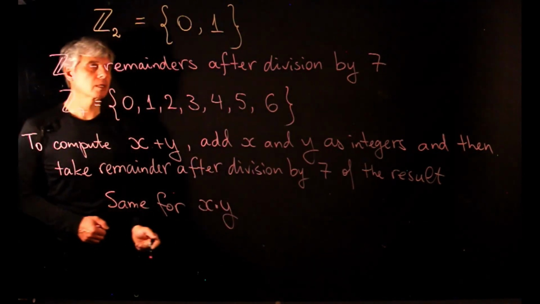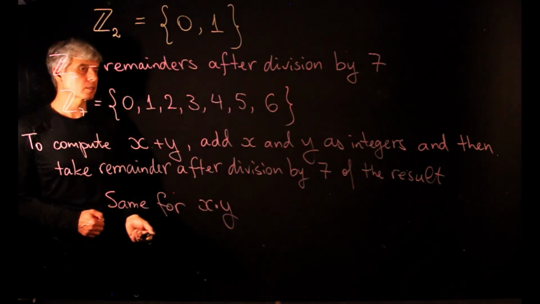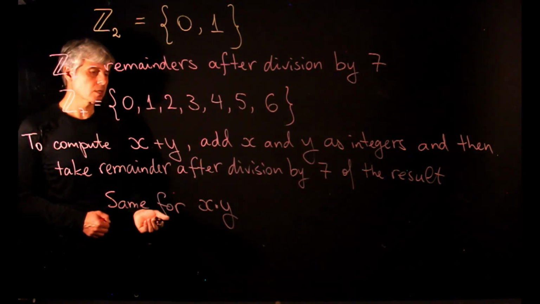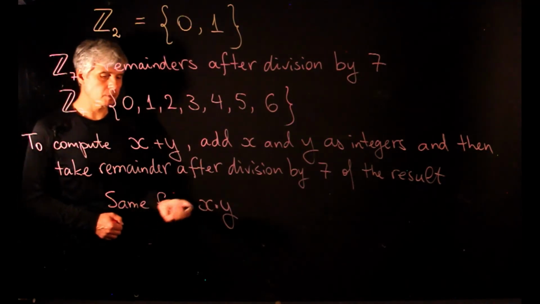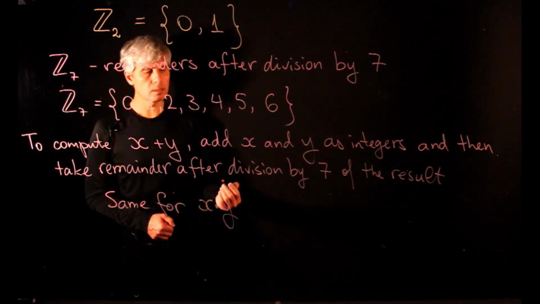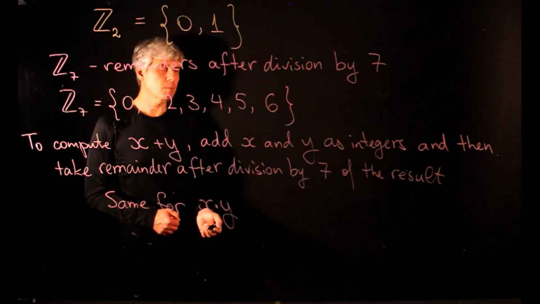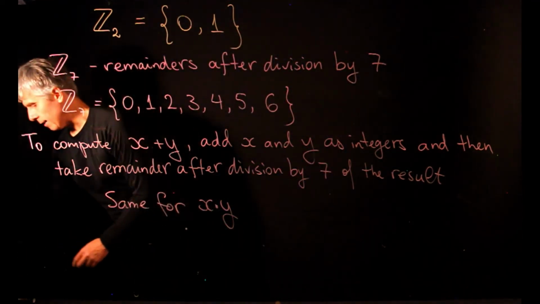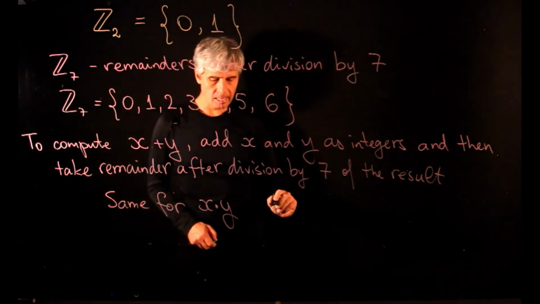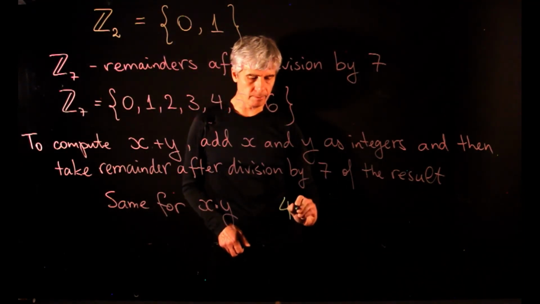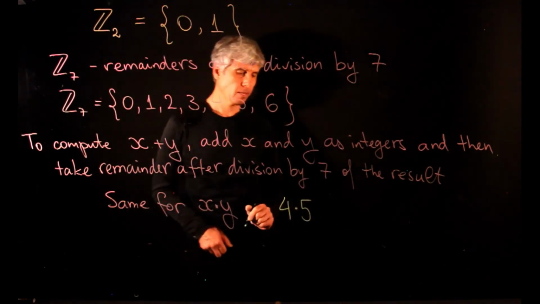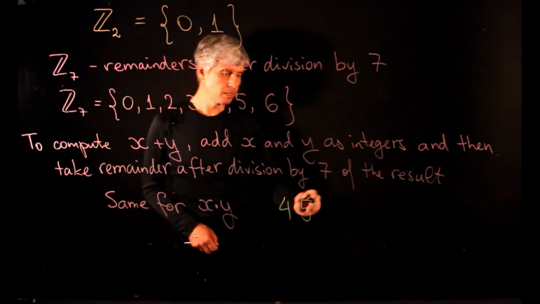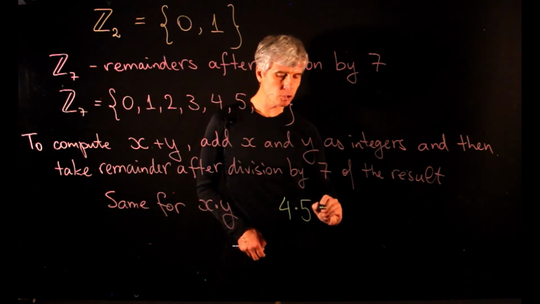So if we want to define the product of two remainders, then we multiply these remainders as integers and then take the remainder of the result. So, for example, what do we have if we take 4 times 5? When we multiply them as integers, we get 20.